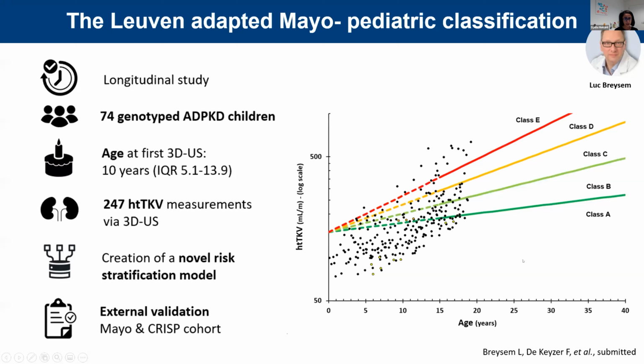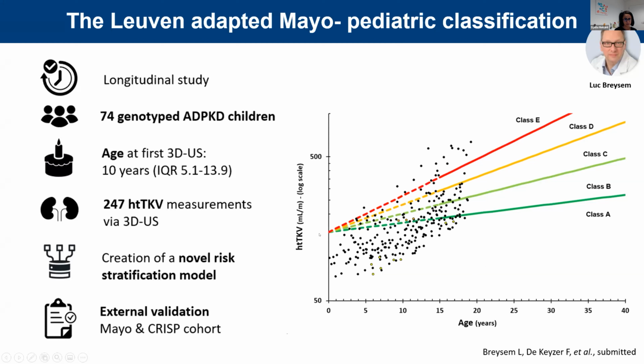We started by using the Mayo classification that is very well known to all of you in adults. And we tried to plot our measurements in this classification. However, as you see, it all started with one single point of neonatal TKV of 150 milliliters.